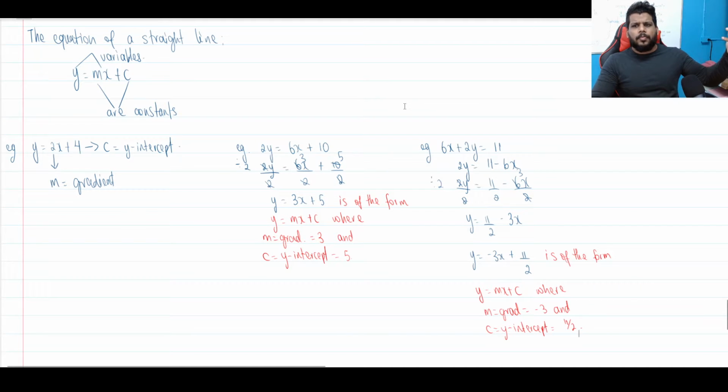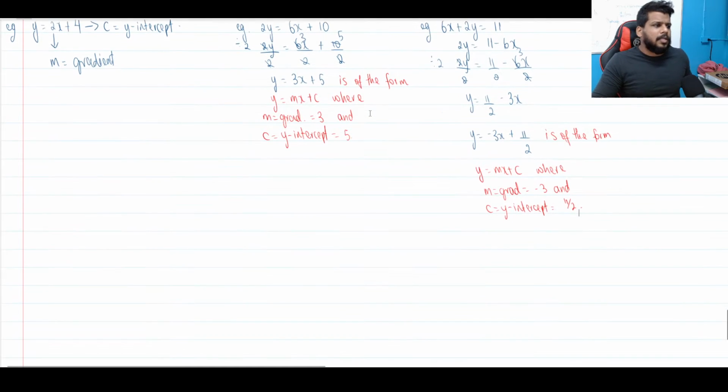Now, you're probably wondering, well, what is x? What is y? So I'm going to put a definition for a straight line here. The equation of a straight line will satisfy all points on the line.